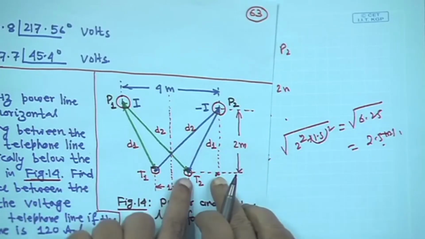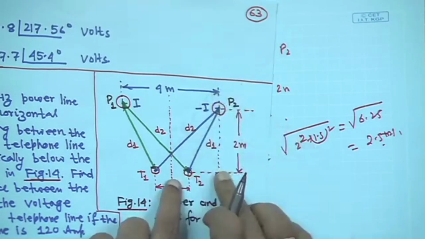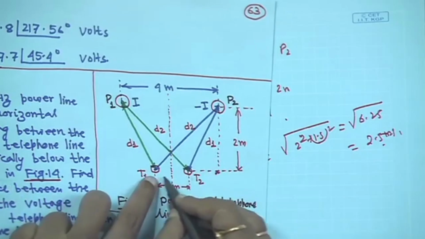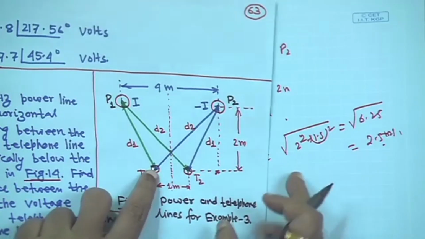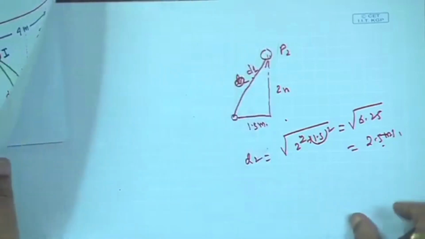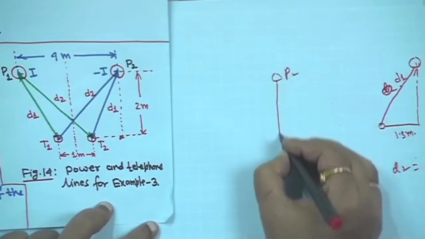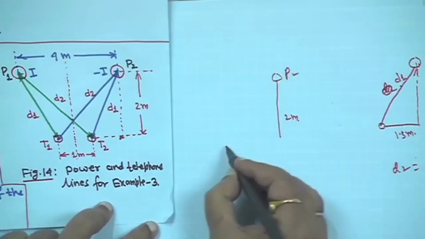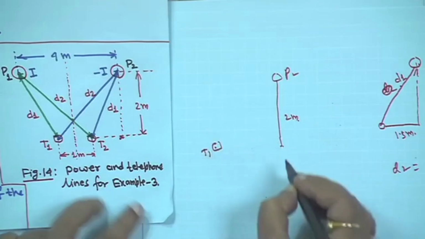So, this portion, if you take this to here, it is 2 and from here to here it is 0.5. So, this distance is 2.5. If you take it like this, hold on, right, this is P2 and this is 2 meter and this is telephone line 1, this is T1, right.